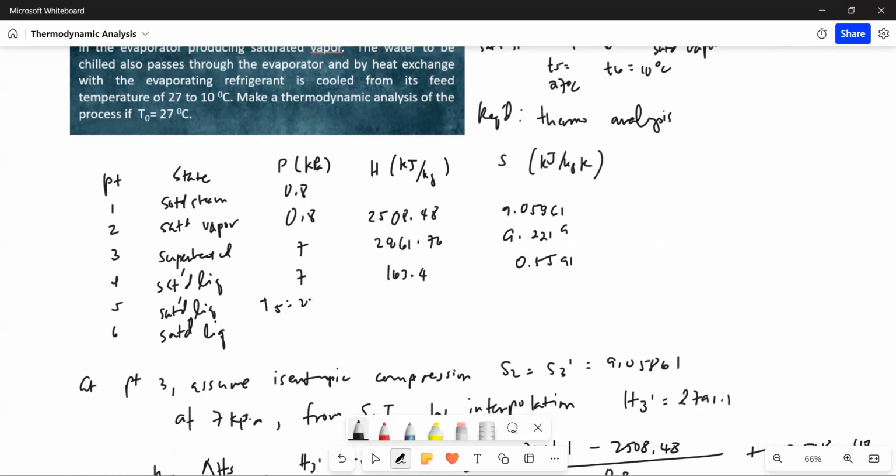T5 is 27 degrees Celsius and T6 is 10 degrees Celsius. And we can now use the steam table saturated liquid properties to determine the enthalpy and entropy.